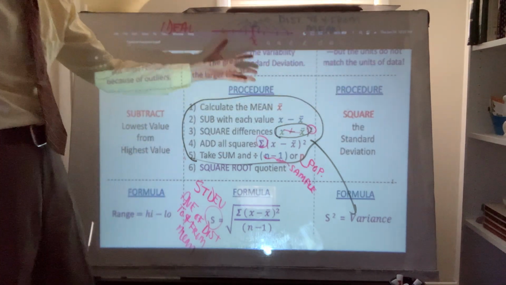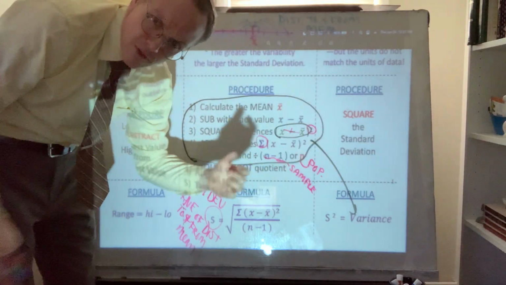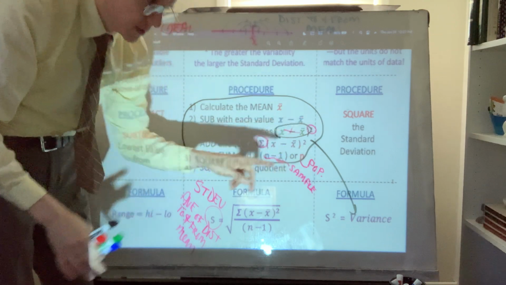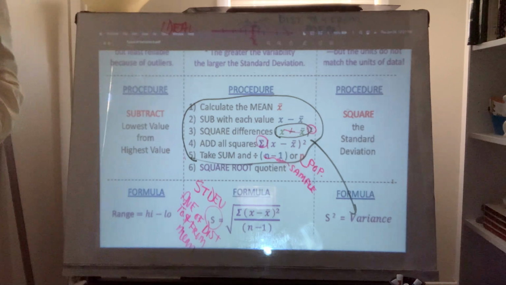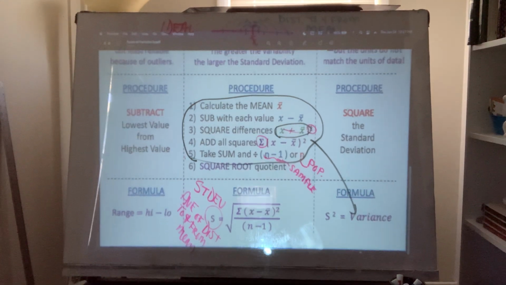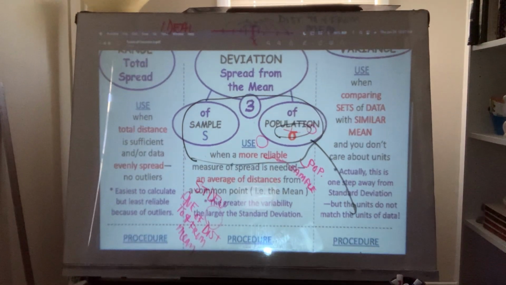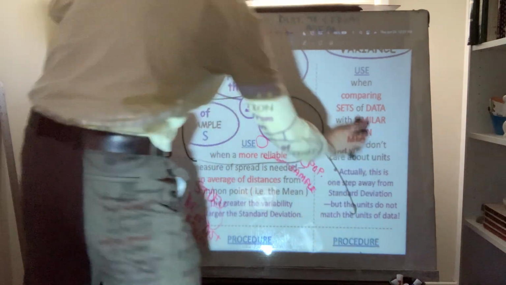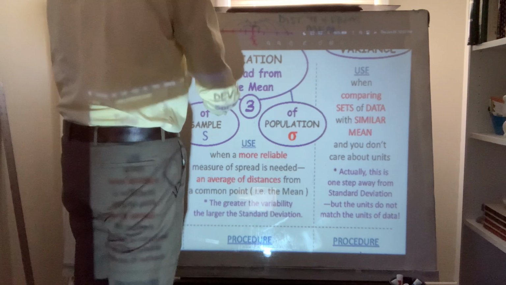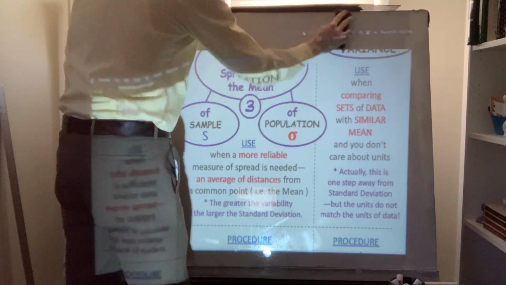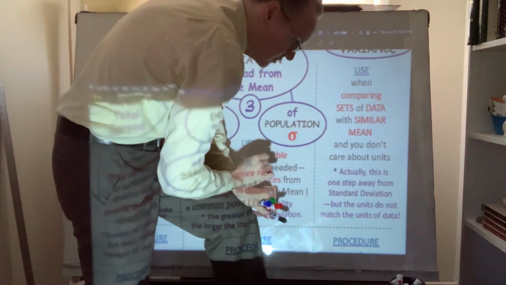The only downside to it is that if you stick with variance, you do not have the unit in the same degree, because you squared something. This is undoing that. That's why I added this notation here. Variance is one step away from the standard deviation.